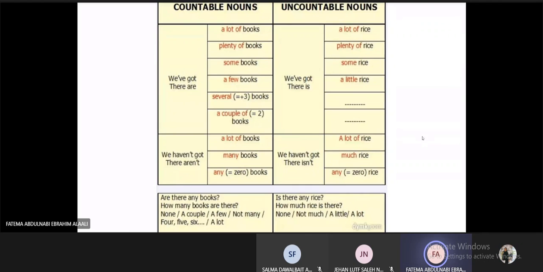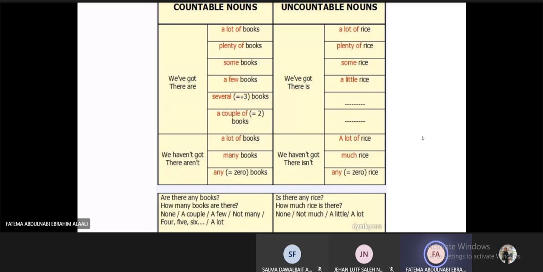Okay, so again, we haven't got a lot of books. We haven't got a lot of rice. We can use it for both countable and uncountable. But for the countable, we can only say we haven't got many books. For the uncountable, we haven't got much rice. Okay, much is only for the uncountable and many is for the countable. Any, okay, we can use for both. We haven't got any books and we haven't got any rice, okay?